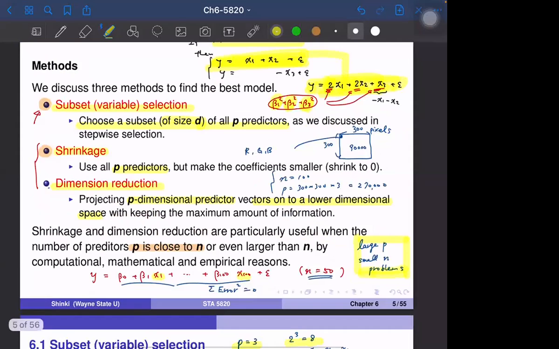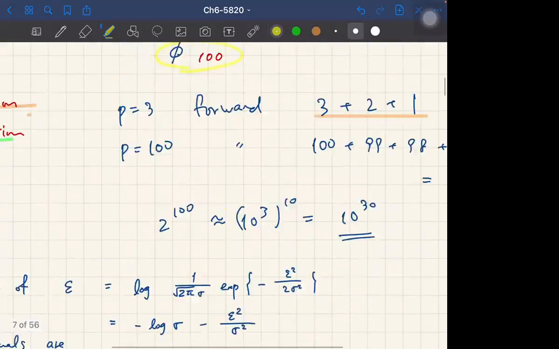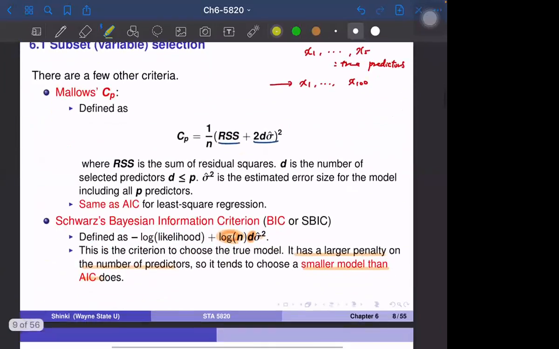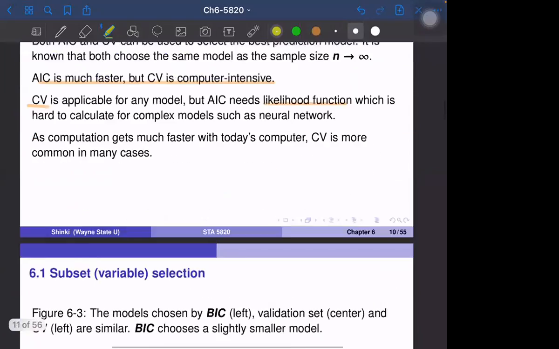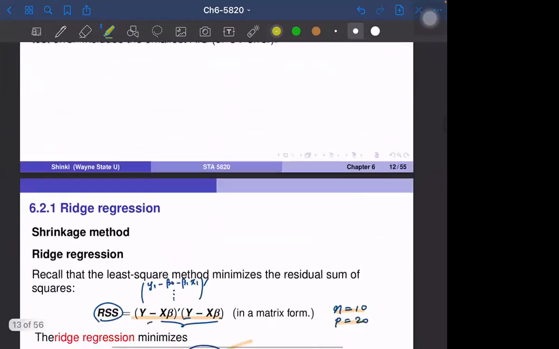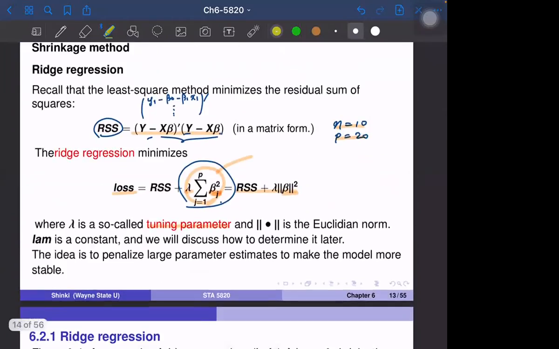And in ridge regression, the estimation method is slightly different. What's the difference between ridge regression and ordinary least squares estimation? That is this term. Ordinary least squares minimizes the residual sum of squares, but ridge regression has an additional term, lambda times beta squared.